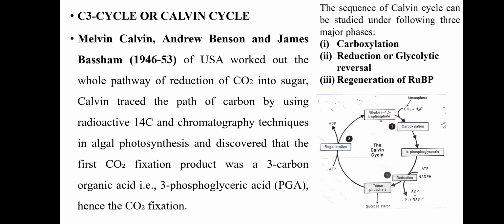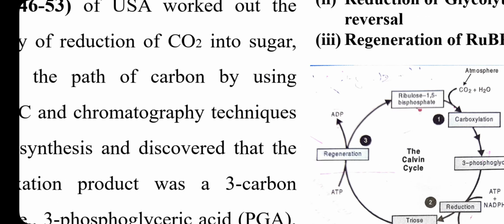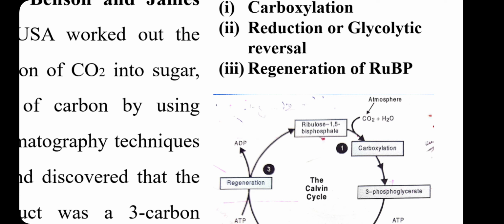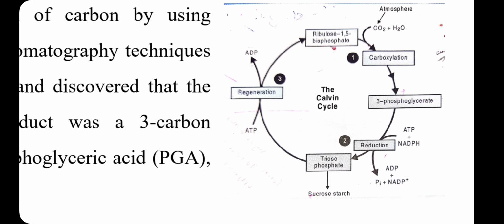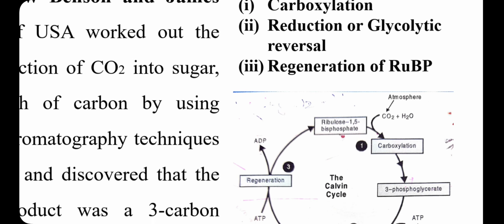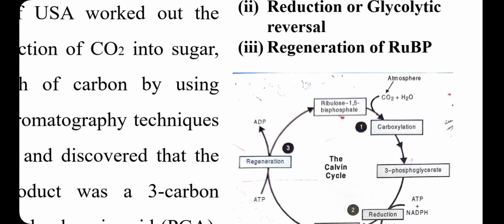One is carboxylation, where the initial carbon fixation occurs. The second phase is reduction or glycolytic reversal, where a sugar molecule, sucrose or starch, is formed, and then regeneration of RuBP.